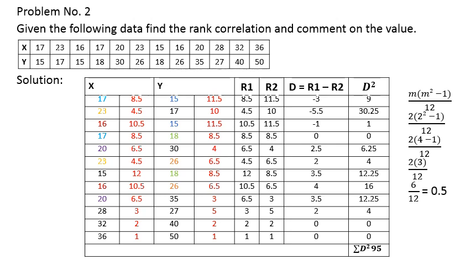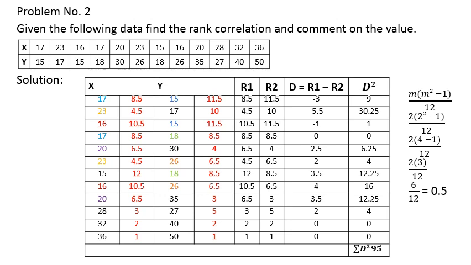Now you consider the second set of values. First you have to highlight the values which are repeated. Here value 15 is repeated twice, value 18 repeated twice, value 26 repeated twice. Now you have to assign ranks. Highest value is 50, we assign first rank. Next highest is 40, second rank. Next highest is 35, third rank.